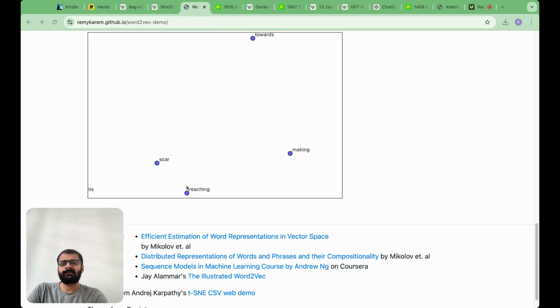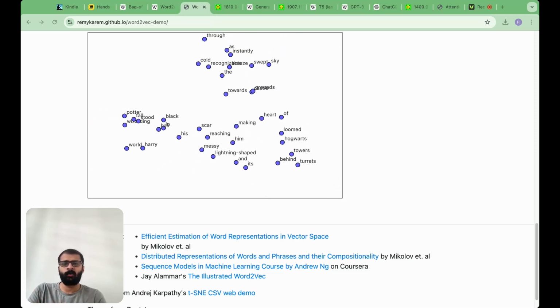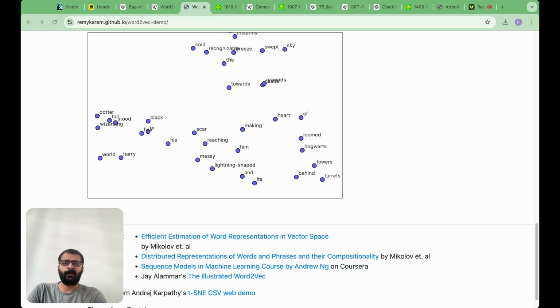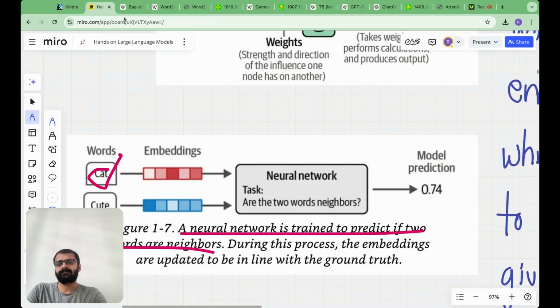But this explains intuitively how word2vec works and why it is a fundamental advancement compared to bag of words. Bag of words could not capture semantic meaning. So word2vec is another way of representing text, words and sentences, in a mathematical representation in terms of vectors. But now the vectors capture the meaning.